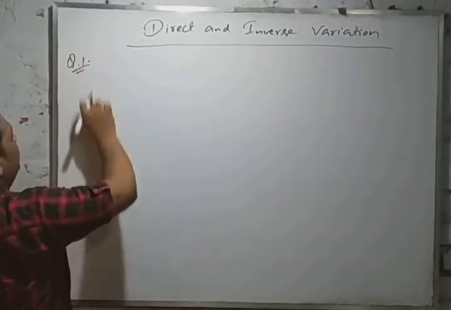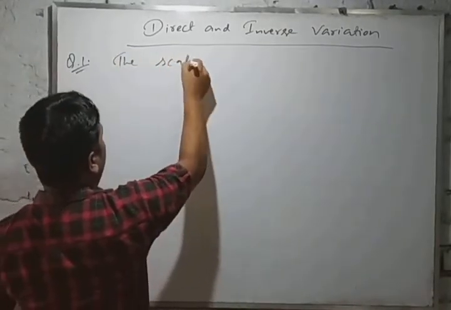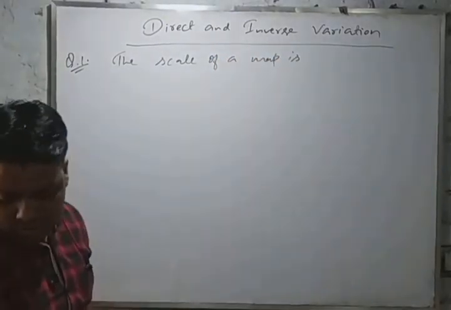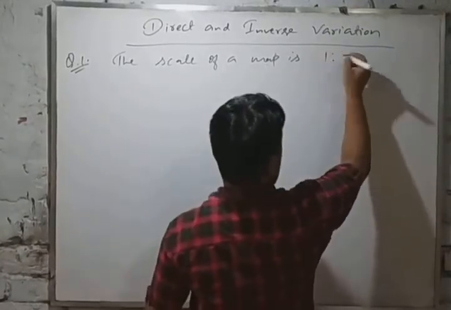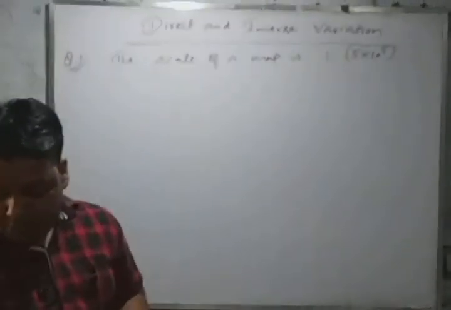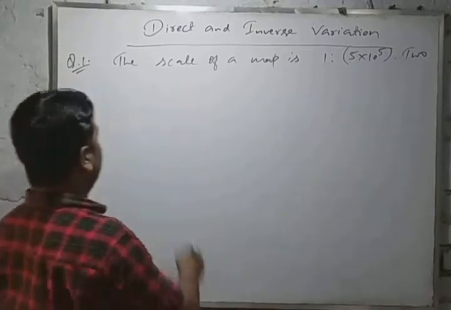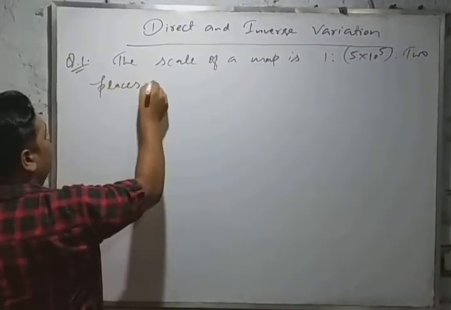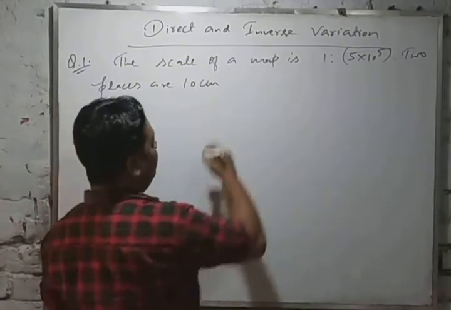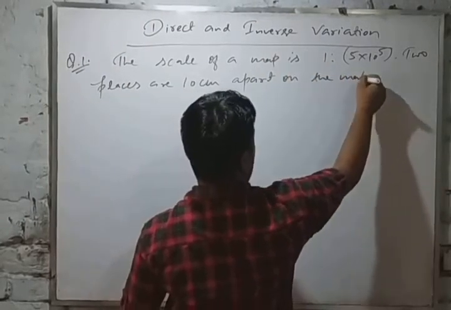In question number 1 it is written that the scale of a map is 1:5 into 10 to the power 5, and two places are 10 centimeter apart on the map.